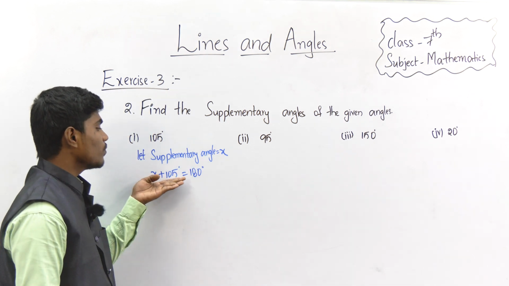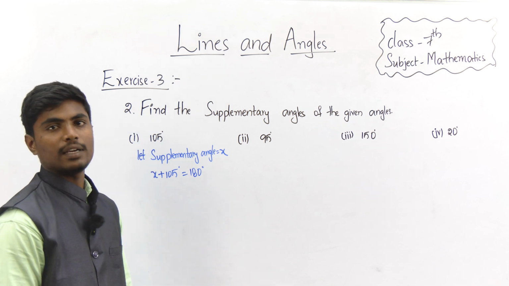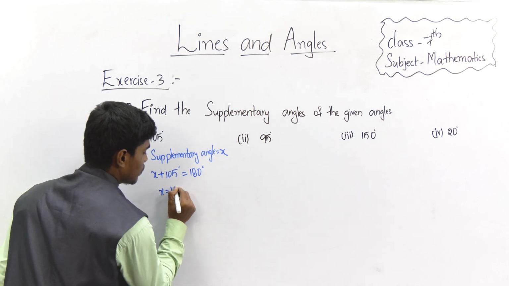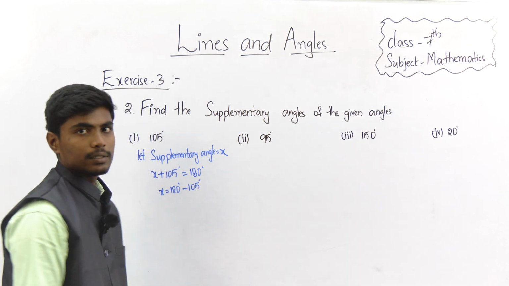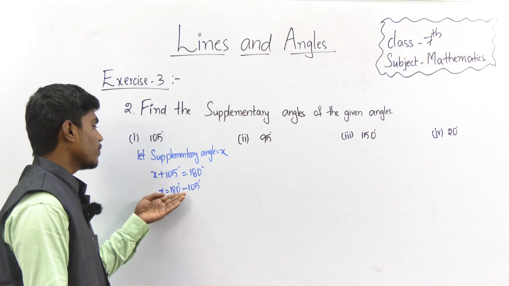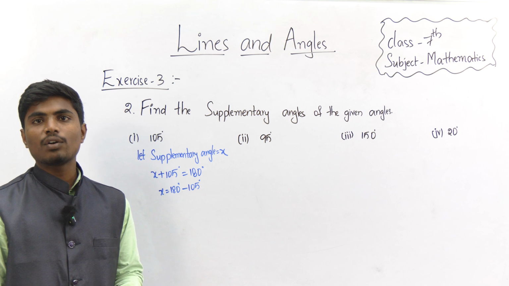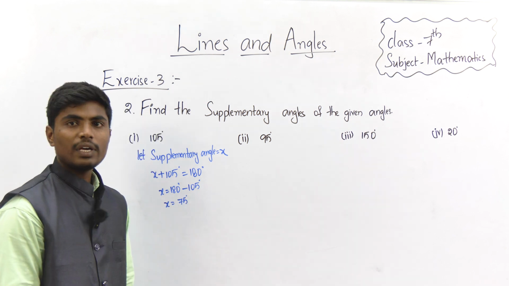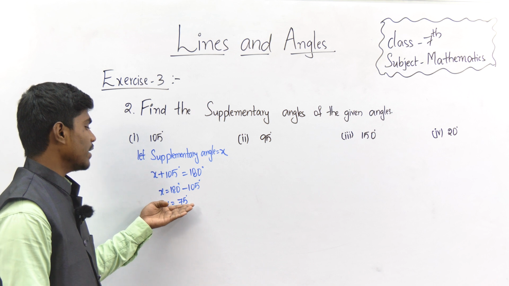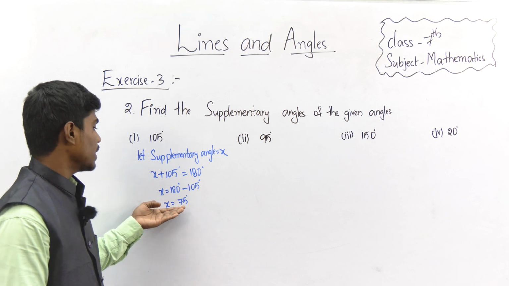We move 105 to the right side, so x is equal to 180 degrees minus 105 degrees. Here 180 minus 105 is equal to 75 degrees. So 75 degrees is the x value.